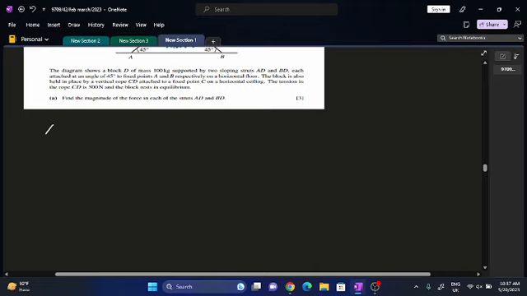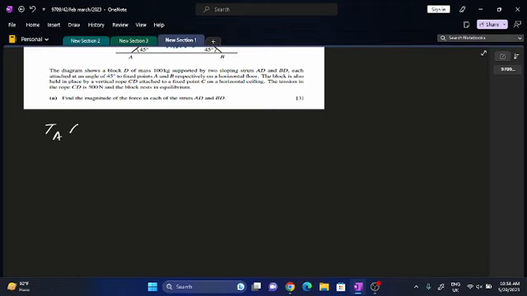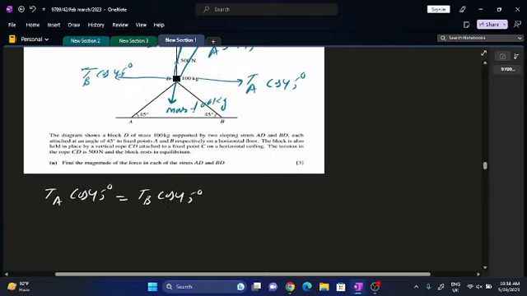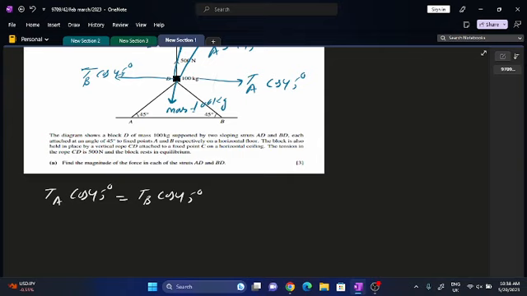So TA cos of 45 degrees will equal TB cos of 45 degrees, because if you go back to the figure, you can confirm that the horizontal components for A and B are equal but opposite in direction, since both have the angle 45.